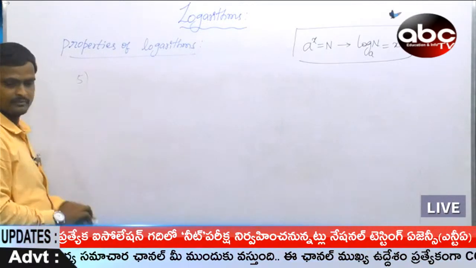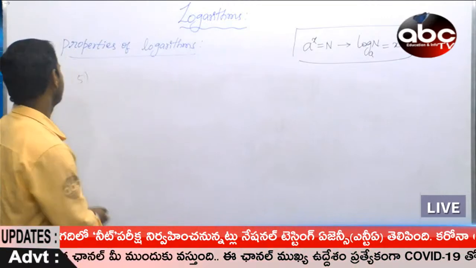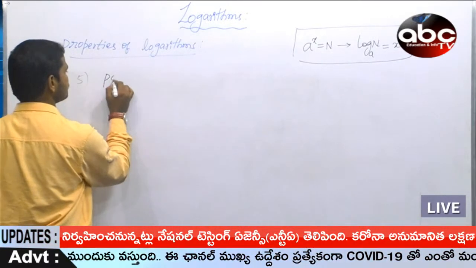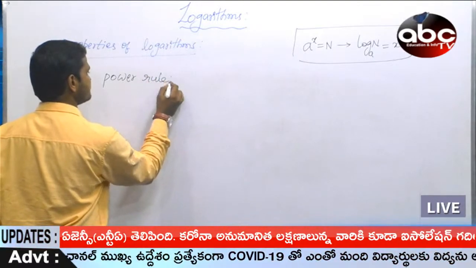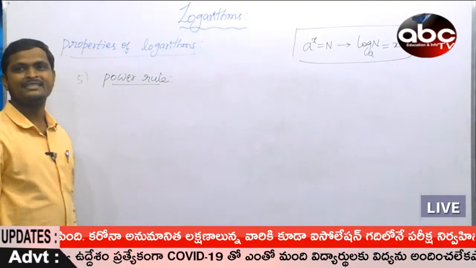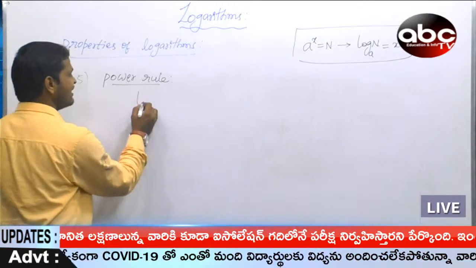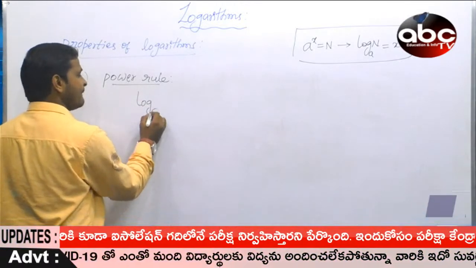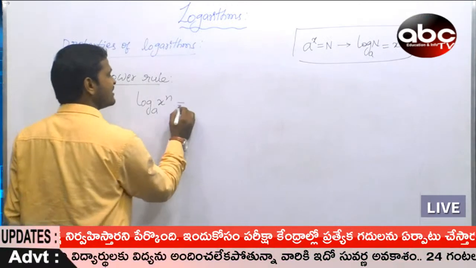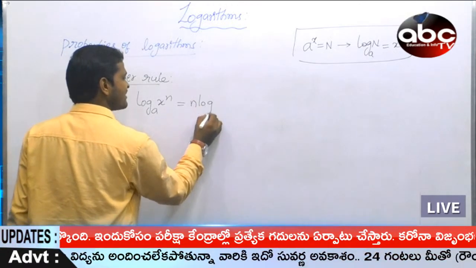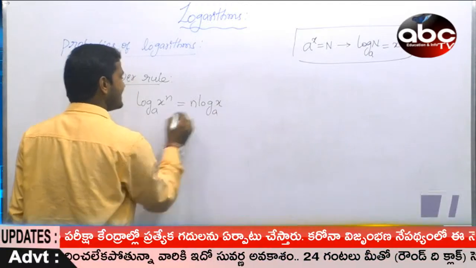Fifth one, power rule. Already you know, students, very simple. Power rule: log x to the power of n base a is equal to n into log x base a.